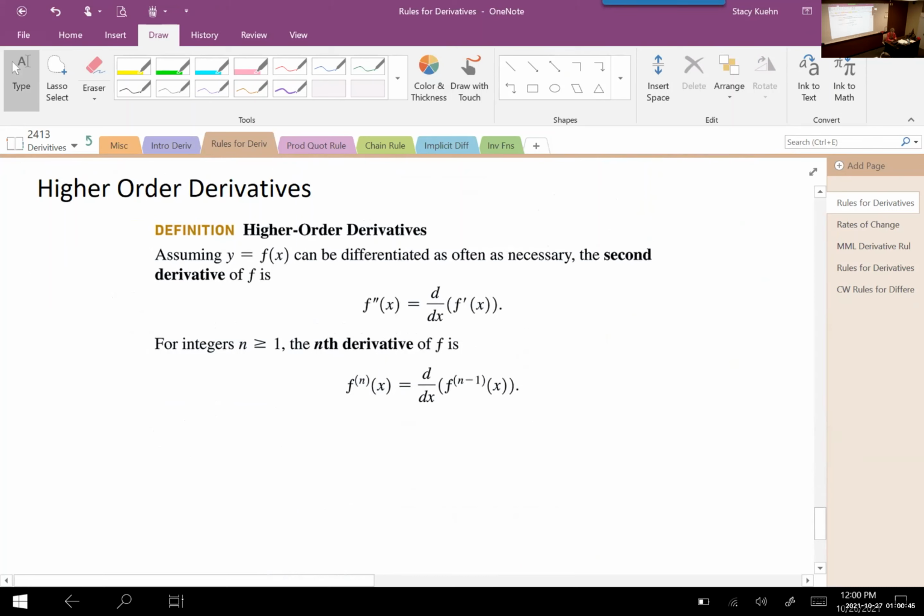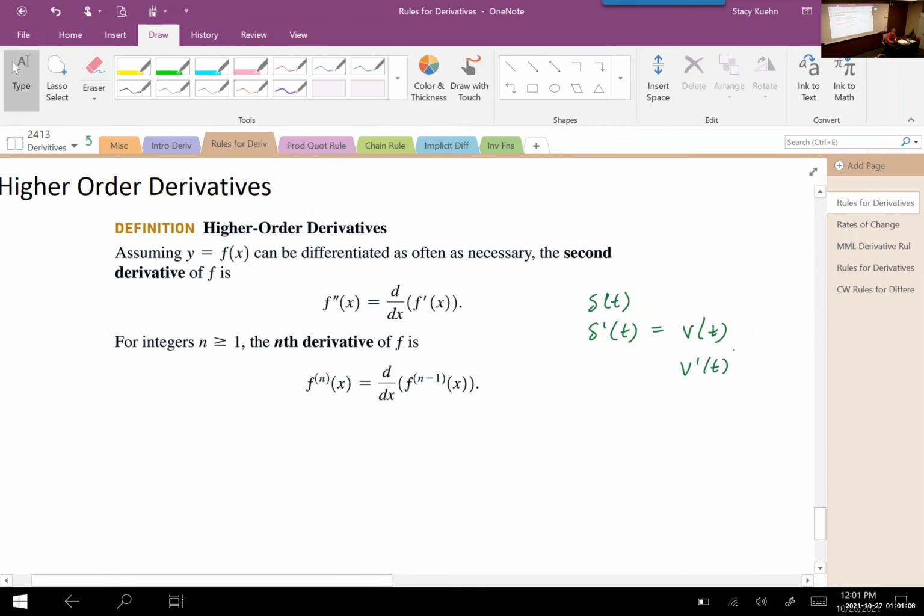Just like we said that we had our position function, and the derivative of the position function was velocity, and the derivative of velocity was acceleration, then that must imply the second derivative of the position function is acceleration.